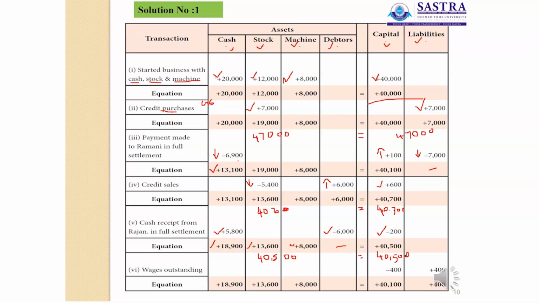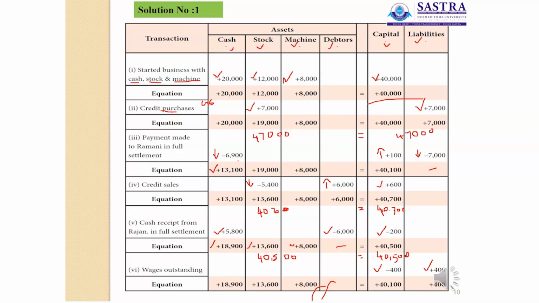Then next one is wages outstanding. Wages outstanding rupees 400, that is one of the liabilities. So add the 400 as a liability, then decrease the value of capital, so minus 400. Here there is no effect on the assets. So assets as they are: 18,900, 13,600, 8,000. Then 40,500 minus 400, 40,100, here 400.